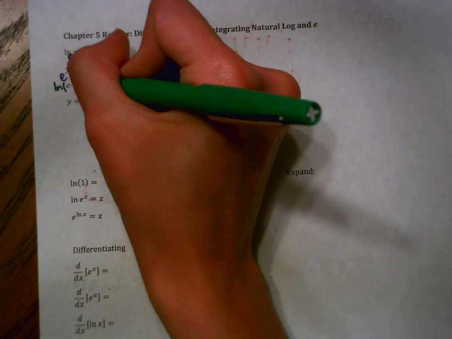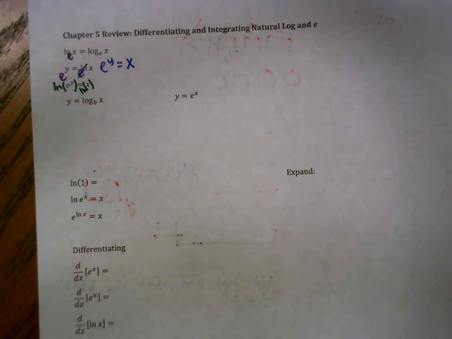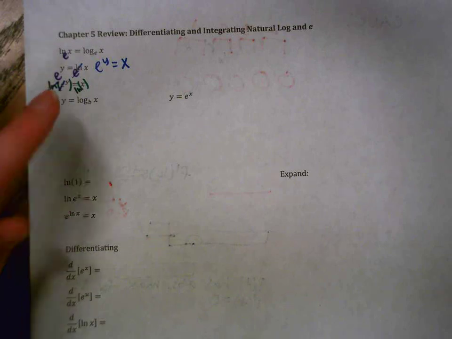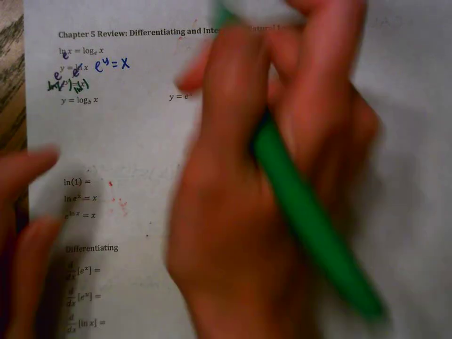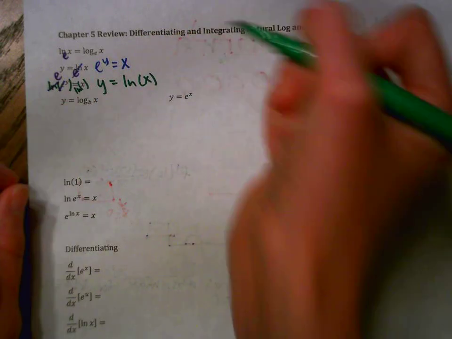That means you have to do natural log over here. Because it's natural log, which is base e, and this is the same base on the inside, those cancel, and you would be left with just y equals natural log of x.